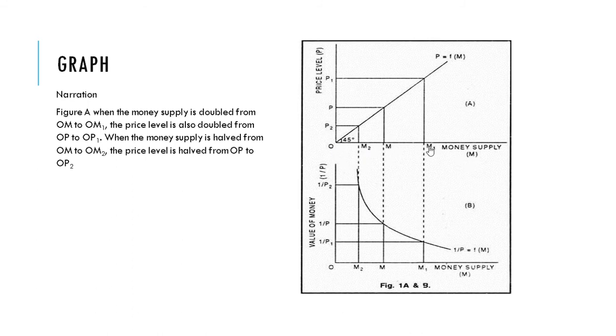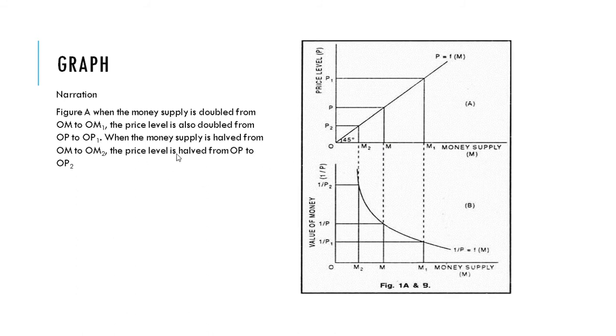what happens with prices? The price level also doubles from OB to OB1. Now, when the money supply is halved from OM to OM2, what happens with the price level?